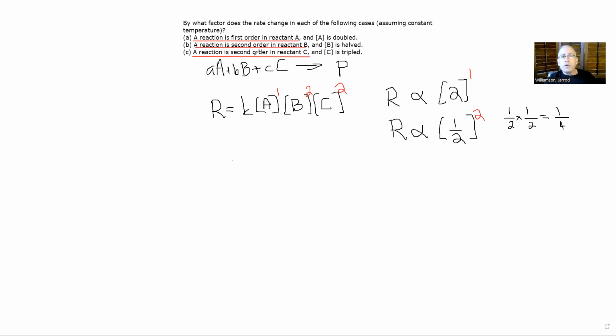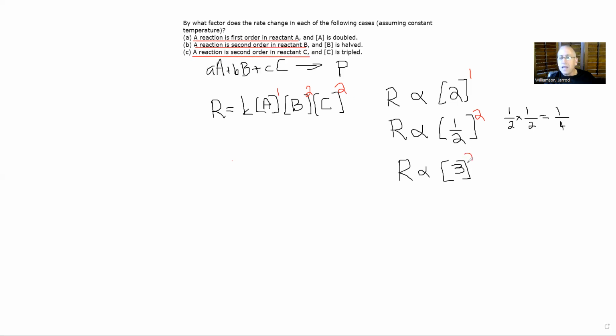The reaction is second order in reactant C, and C is tripled, right? So keeping everything else constant, I'm only changing the concentration of C. I changed the concentration of C to be 3 times whatever the original concentration was.